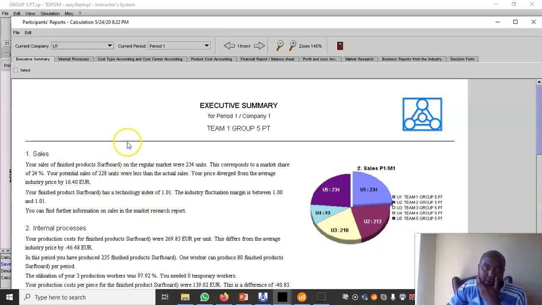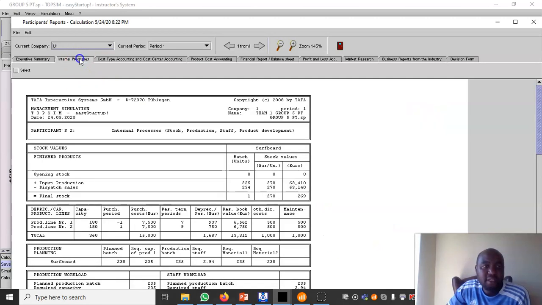From this report, there are also other important figures. Under the section internal process, as you can see the headline there says internal process, you have to look at the number of units you have. You see here, finished products, opening stock. You opened period one with 0 units because everything that you sold, you produced during period one.